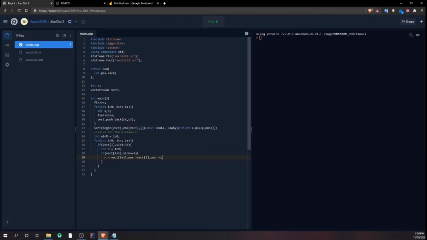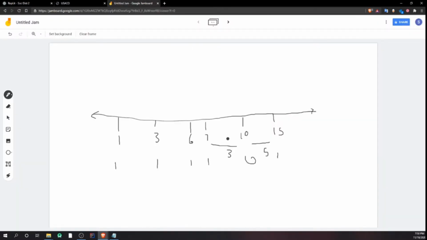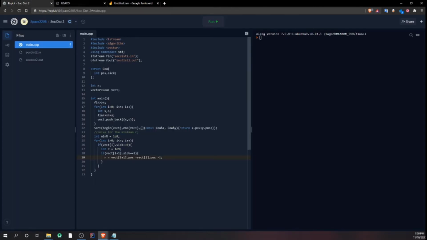Alright, so that would be our formula for basically finding it, because for example over here 10 and 7, and 10 minus 7 is actually 3, but we want it to be the number that's less than that, so it should technically be 2, because if it was 3, then the disease would have spread from 7 to 10. So basically we just want to find the one number below that, so in this case it would be 2. So that's why the minus 1 exists.